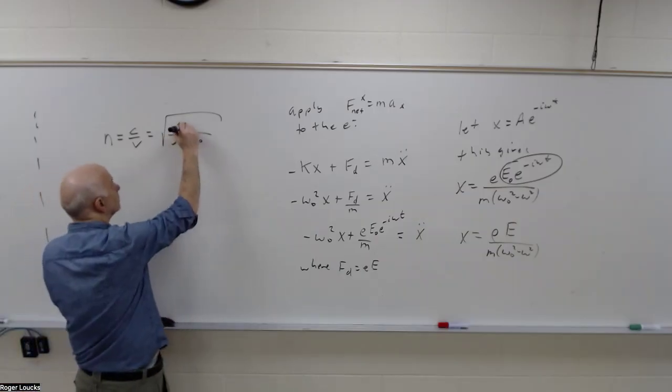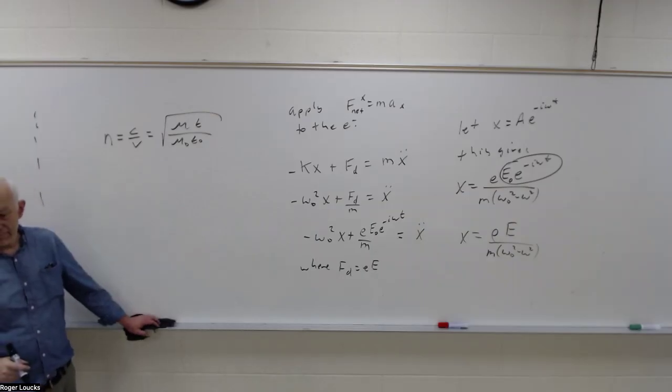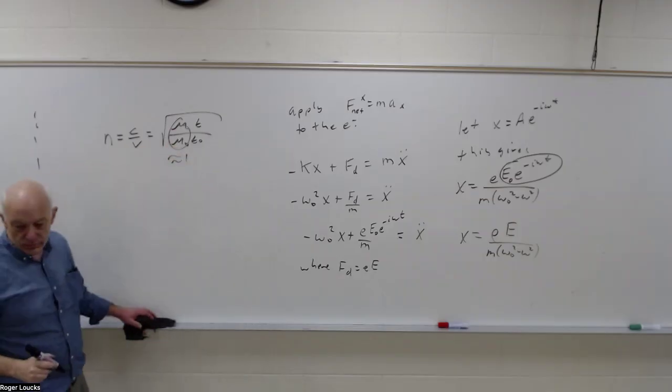So this is this. What do we do next? mu over mu naught is essentially 1, for many things it's about 1.